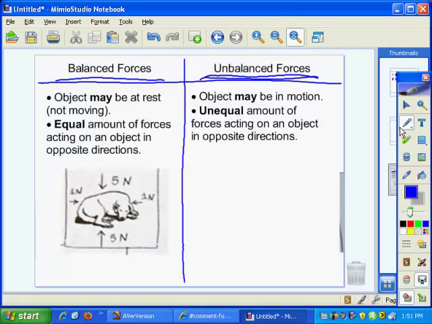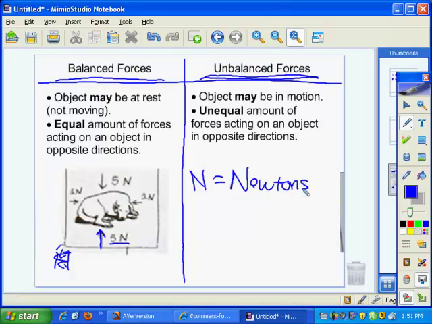If we look at the force arrows that are drawn all over this dog, the arrows are describing the forces acting on the dog, okay? So if you look here, the floor is pushing back up on the dog, and it says 5N. Remember N? N means newtons, and it's how we measure forces.